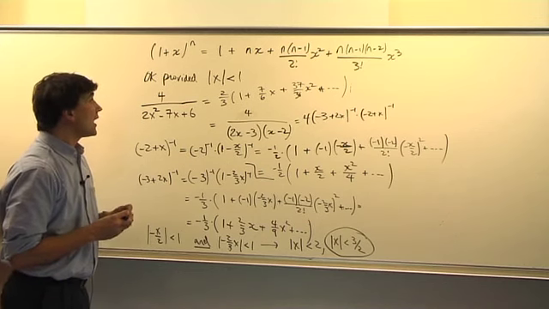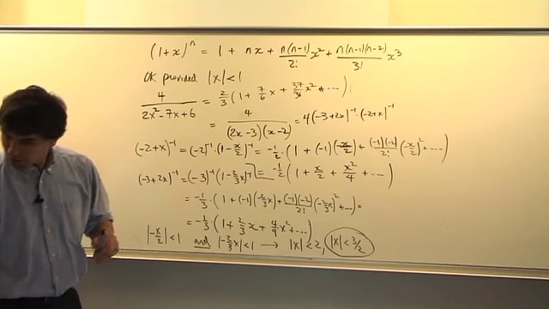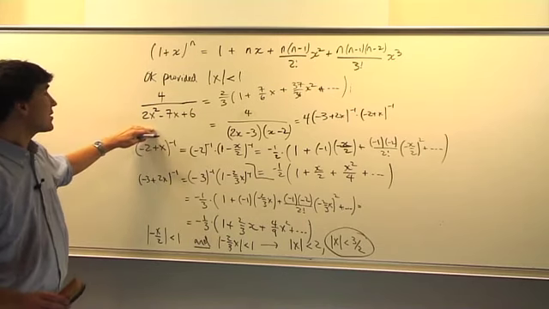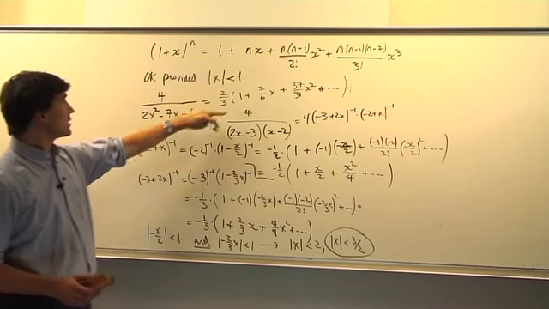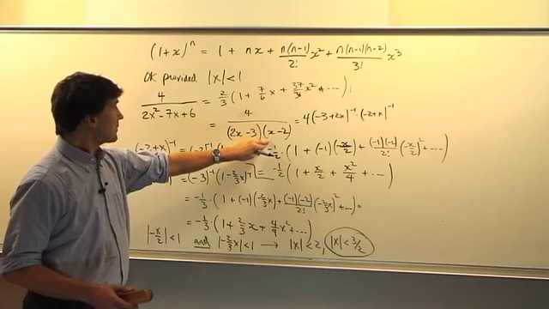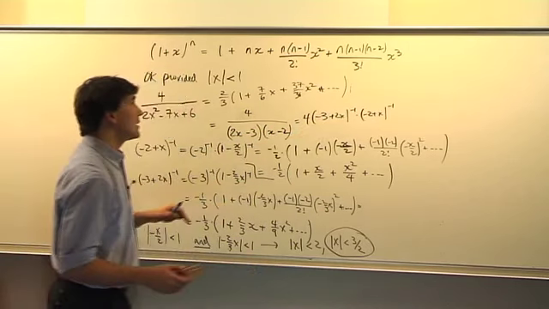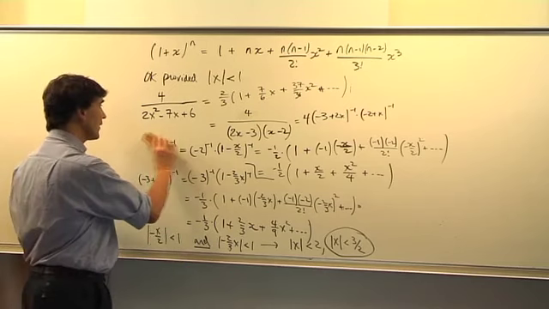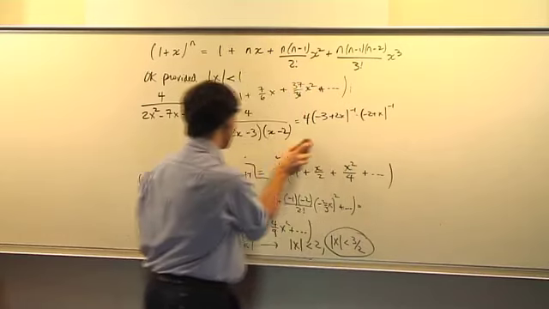All right, so we're now in a position where we can make progress with this fraction that we started with. This 4 over 2x squared minus 7x plus 6, we wrote it as 4 over 2x minus 3 times x minus 2, or 4 times minus 3 plus 2x to the minus 1 times minus 2 plus x to the minus 1.